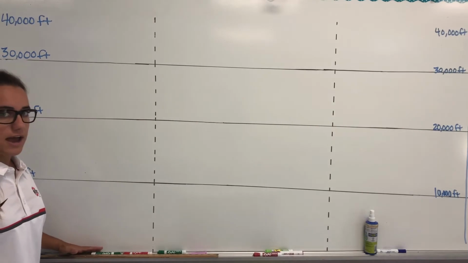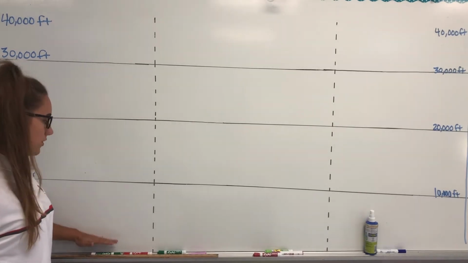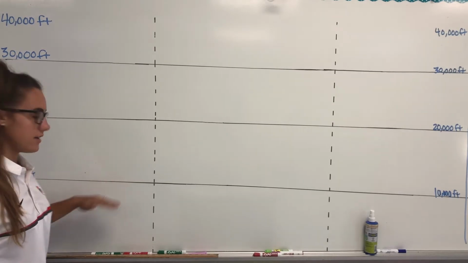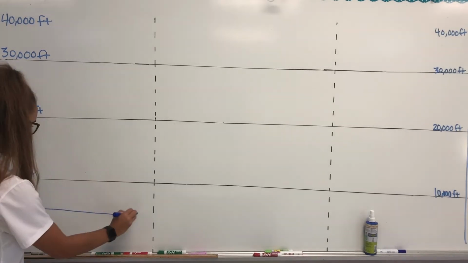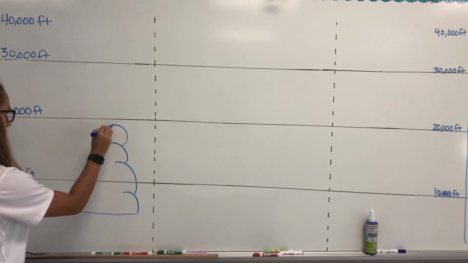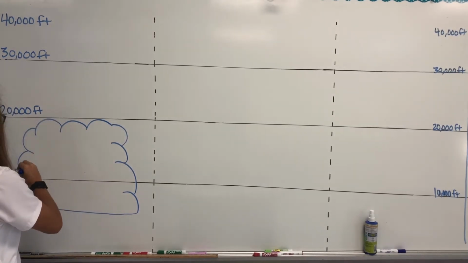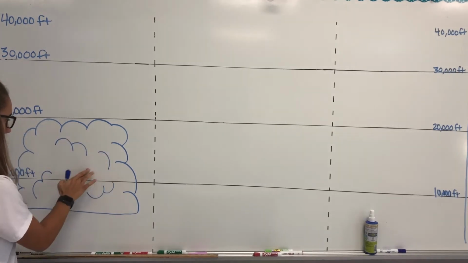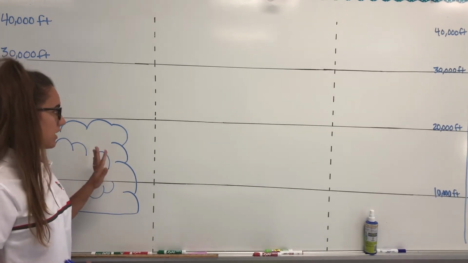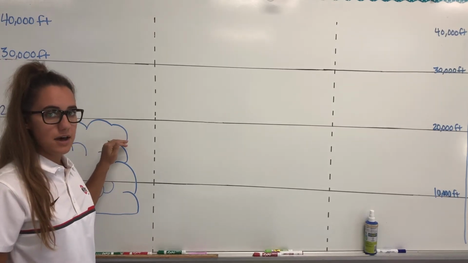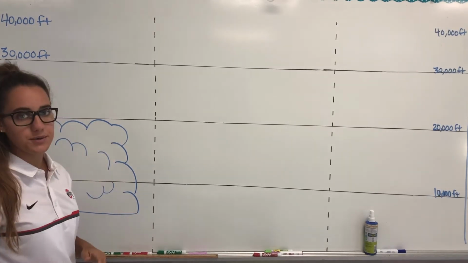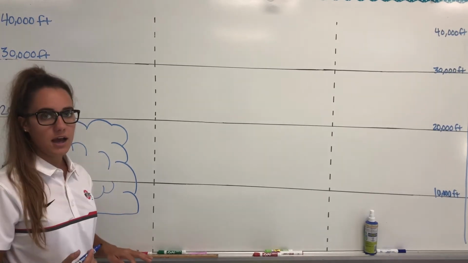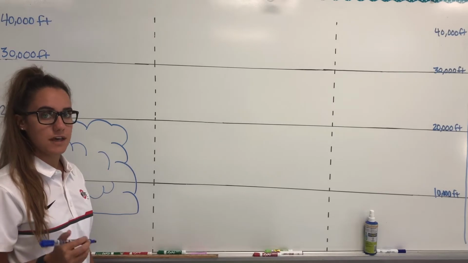That's gonna be about halfway between your ground level and your 10,000 feet altitude line. Okay. So your developing cumulus cloud is going to reach about up to the 20,000 feet altitude line. And you can label this stage as the developing stage.